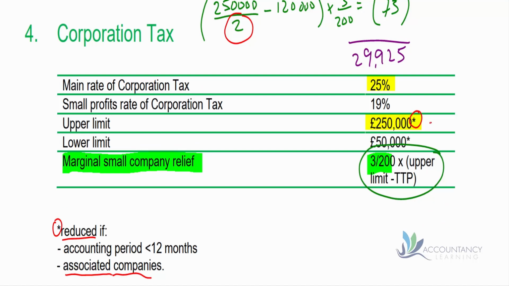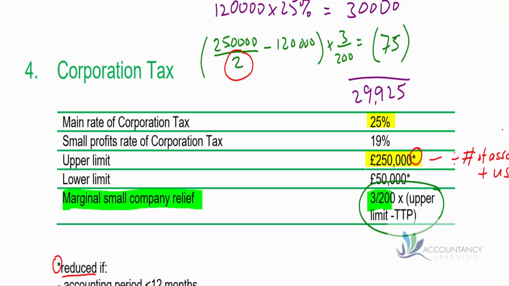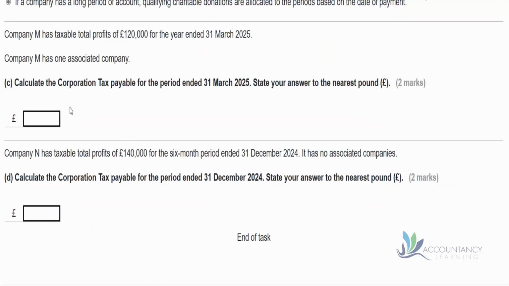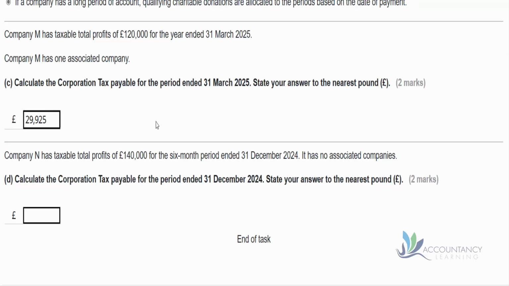So we just take the upper limit and we divide by the number of associated companies plus us. So there's us and one associated company, so we divide by 2. That's the bit that you need to look out for. So our answer then is 29,925.